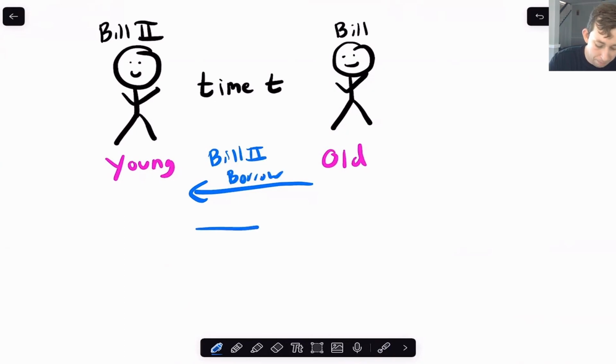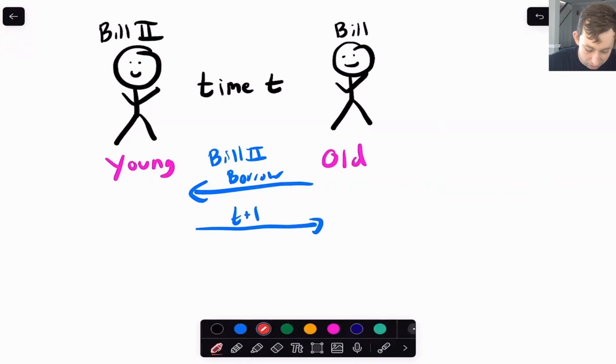Well, when he repays in t plus 1, there's no Bill, because Bill is no longer alive. And because Bill is not going to be alive when Bill the second repays him, Bill the first does not want to do this, because he's like, absolutely not. I'm going to lend you some money today, and then when you would repay me tomorrow, I would be gone.